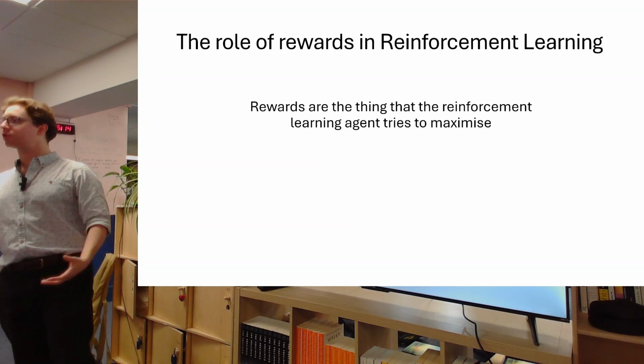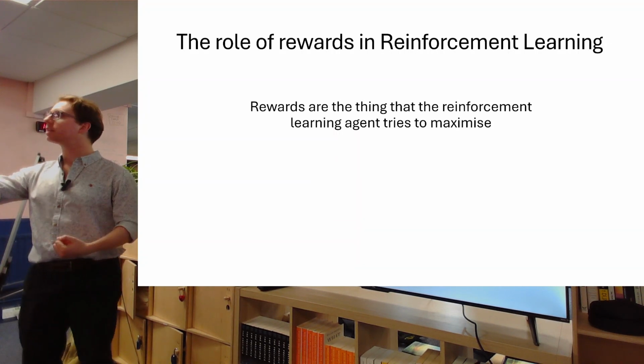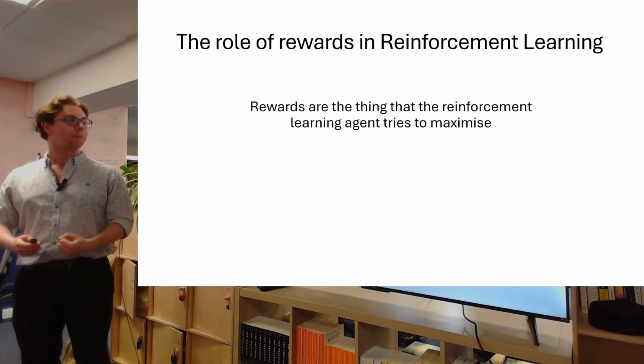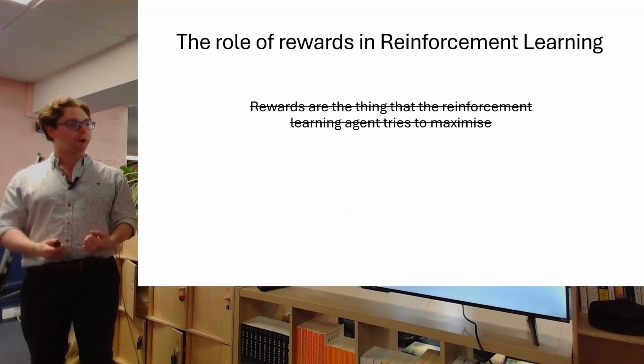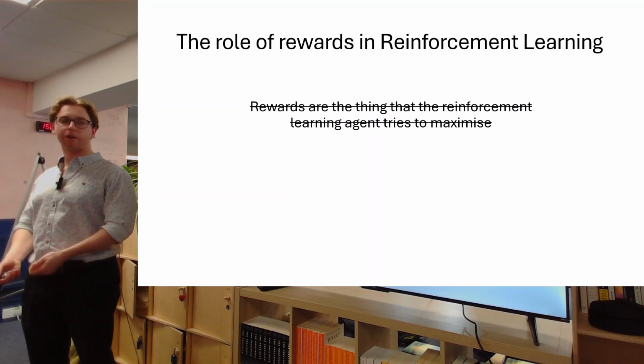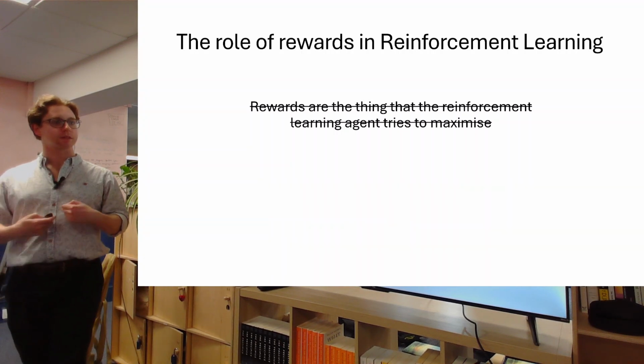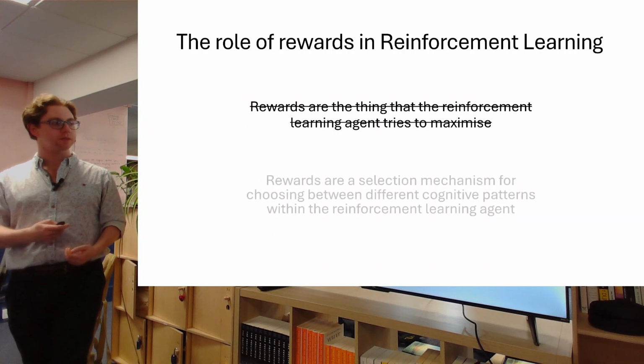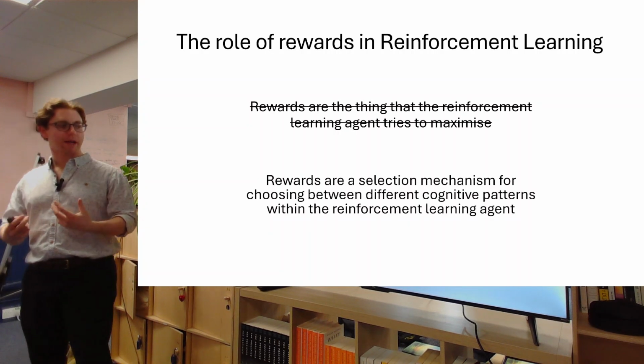So we're training an agent, and the agent is in some sense trying to maximize reward. But I'm going to claim that this is actually a really poor way of understanding how rewards work and what their purpose is within RL. Instead, the correct way to think about rewards is as a selection mechanism.